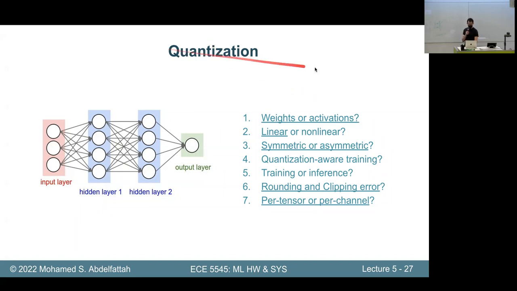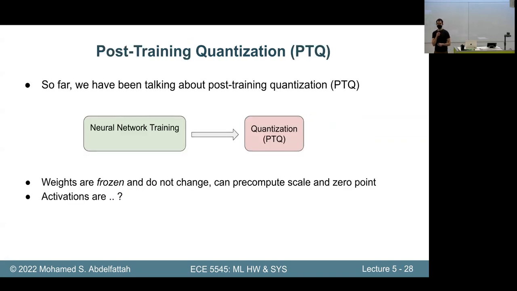Okay, and now let's try to cover some more of those things that we care about related to quantization. So far we have been talking implicitly about post-training quantization. So I've trained my model, and I want to deploy it on a phone, for example.